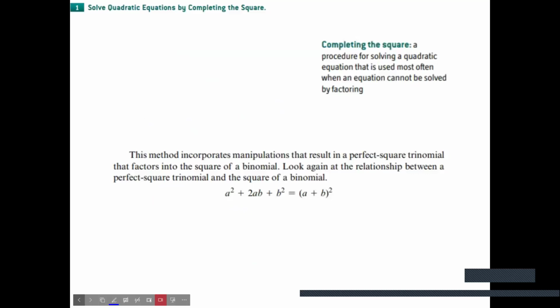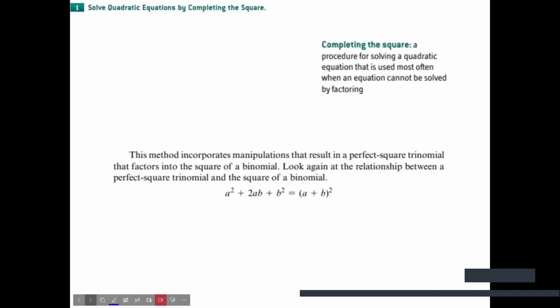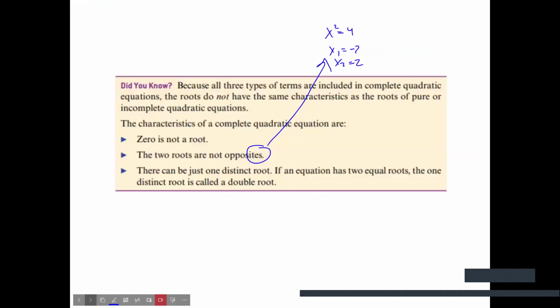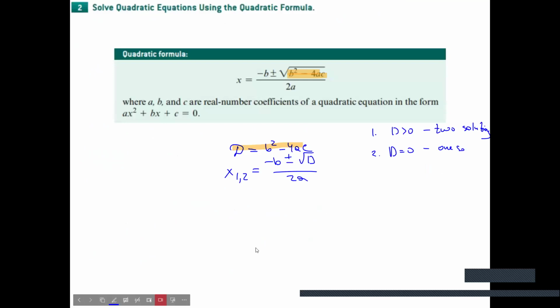Where we had that? Right there. Double root. Yeah. Okay. One solution, double root. Right? So double root. And 3, D is less than 0.